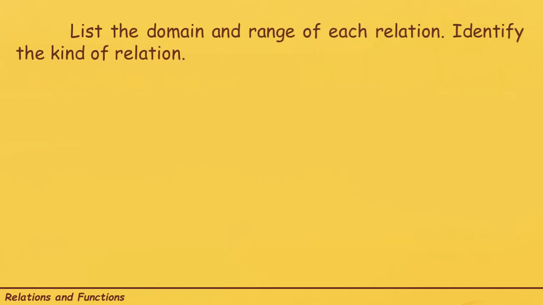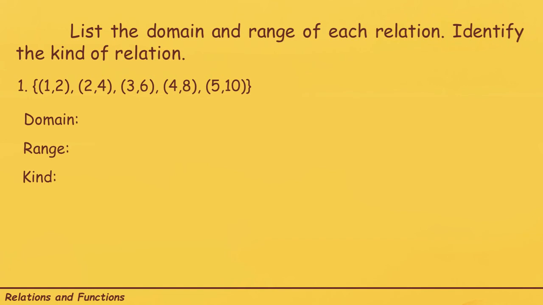List the domain and range of each relation. Identify the kind of relation. Number 1. {(1, 2), (2, 4), (3, 6), (4, 8), (5, 10)}. Kukunin natin ang domain, range, at kind of relation. Unahin na natin yung domain. So, ulitin natin. The domain is the set of all first coordinates of the relation. So, lahat ng ating first coordinates dito ay domain. {1, 2, 3, 4, 5}.